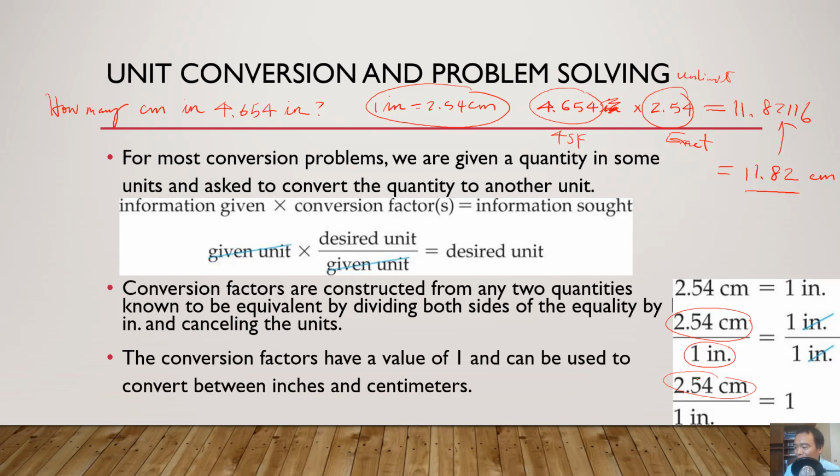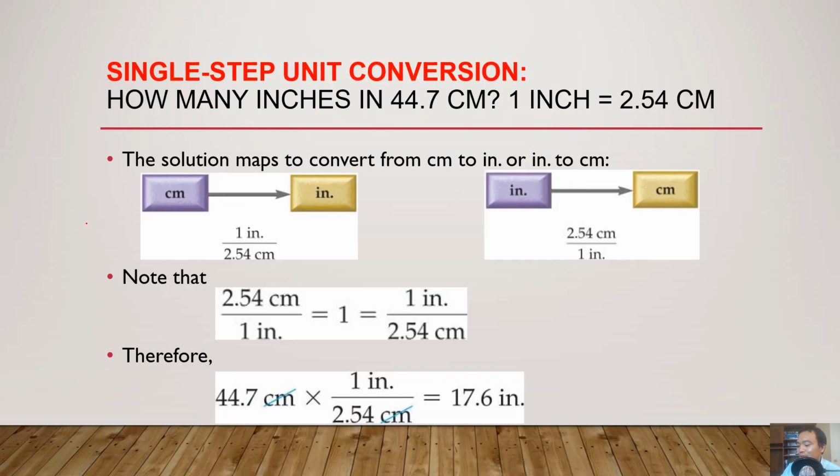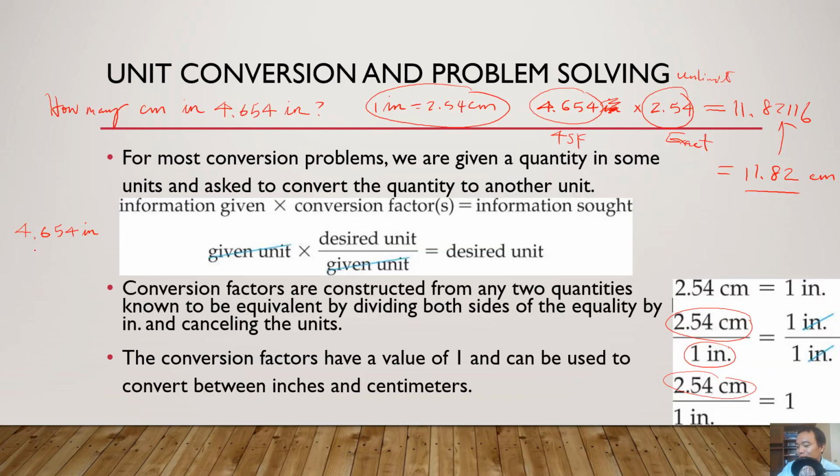So if I ask you how many centimeters in 4.654 inch, if I have this to begin with, and I multiply by 1, of course it will be exactly the same as the original, right? But we do know, what is this 1? The 1 can be one of these two ratios.